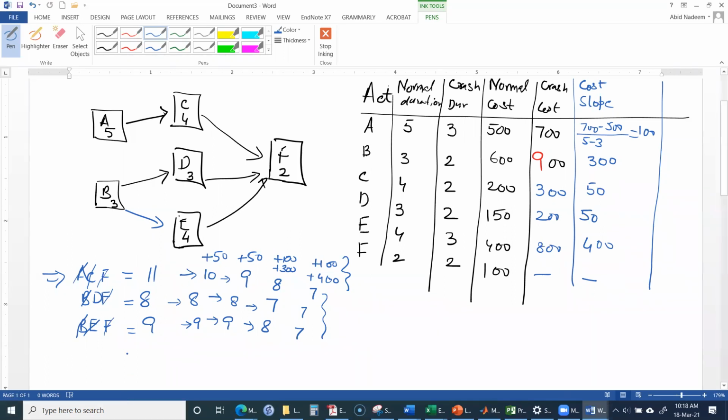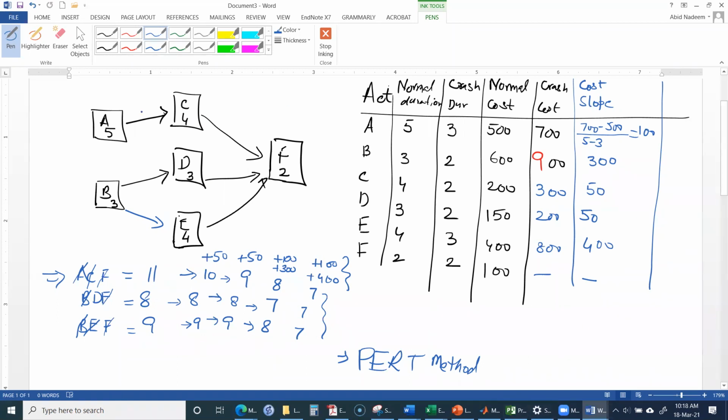I will continue this example, and later I also want to introduce you to the PERT technique. After the break, we will continue this time cost optimization example and the PERT method. So see you after the break.